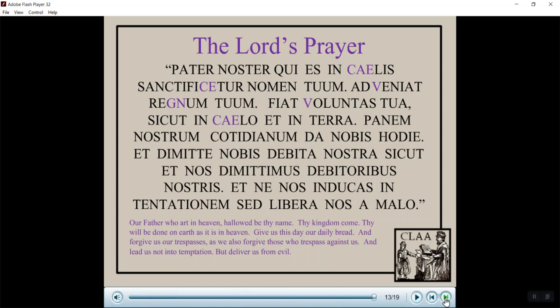So let's go ahead together and read the Lord's Prayer in Latin, one syllable at a time, just like you've learned. But remember, there are 7 changes in church Latin. If you don't remember them, you need to review. If you do remember them, let's go ahead and read together.